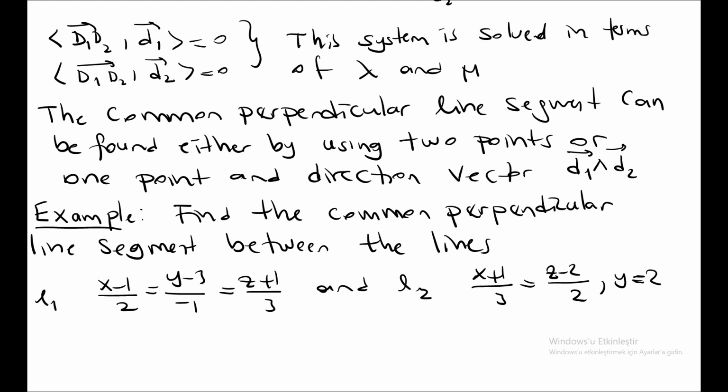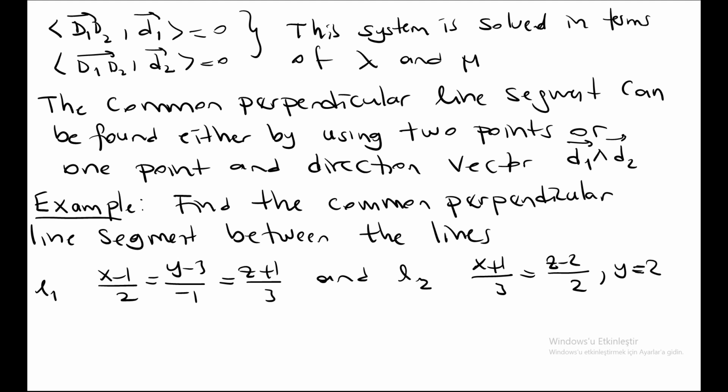First of all, we need to check whether these lines are skew or not. If they are not skewed, there is no need to calculate this line segment, okay? So we need to find this one.